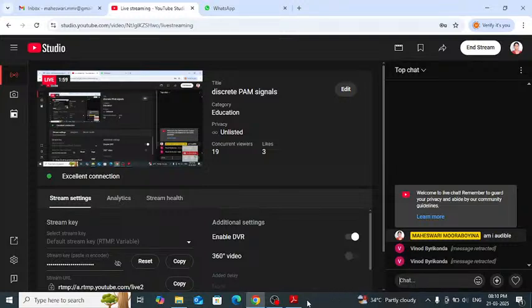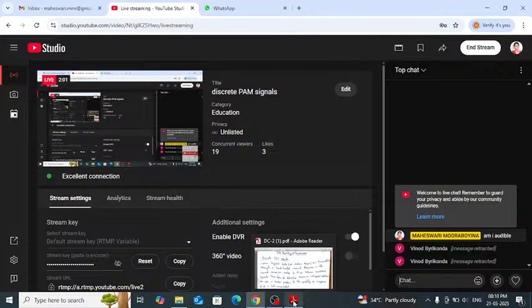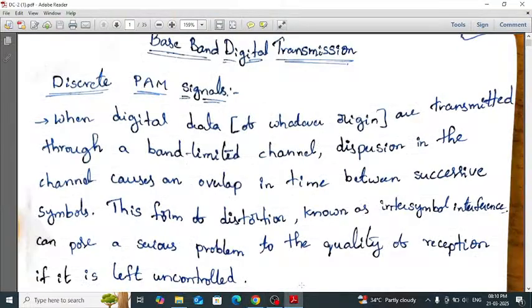Okay, so let me know if the document is visible to you clearly or not. So I think if you watch this video in the laptop, then it is okay. Otherwise it will be too small based on the mobile width. Baseband digital transmission, I think this is visible to you all. Title is visible to you, right?